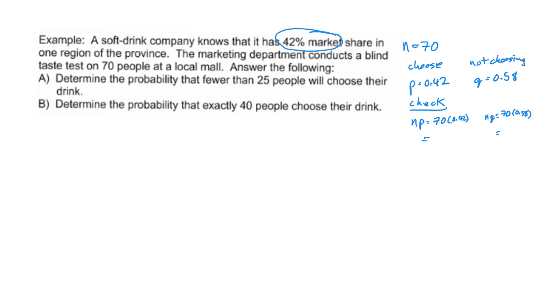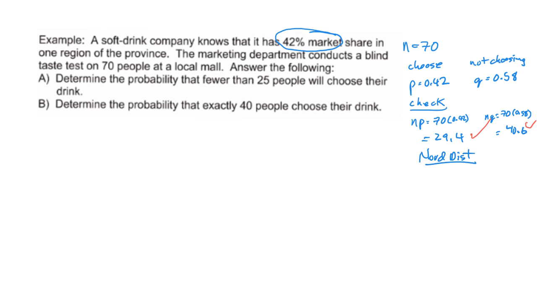For each of these, you get these. So in checking NP and NQ, they are both greater than 5, so we can use the binomial distribution as a normal distribution. So we're going to do the normal distribution for this.